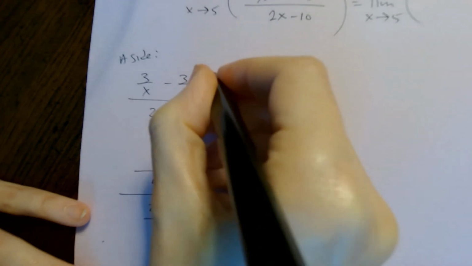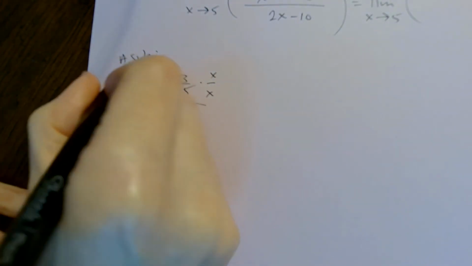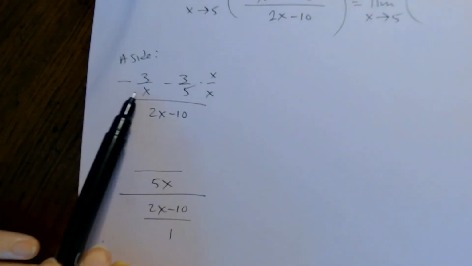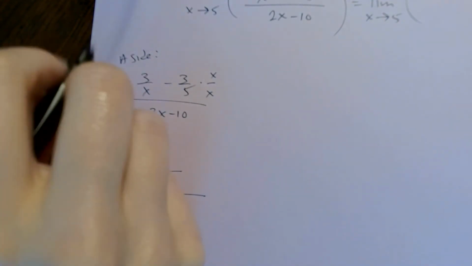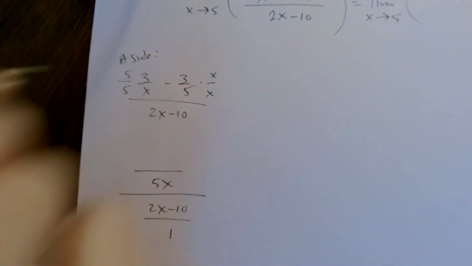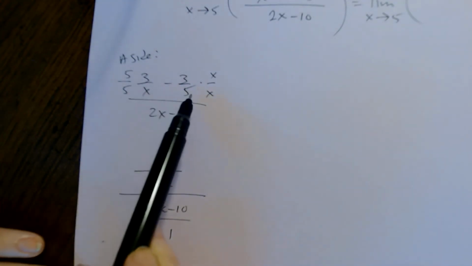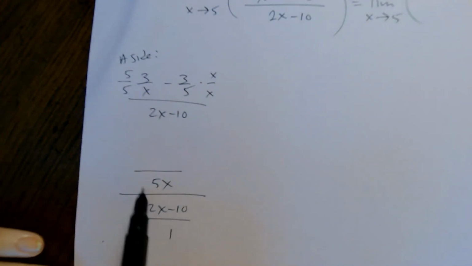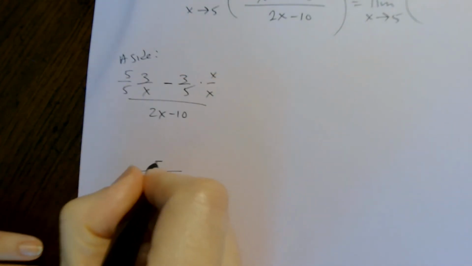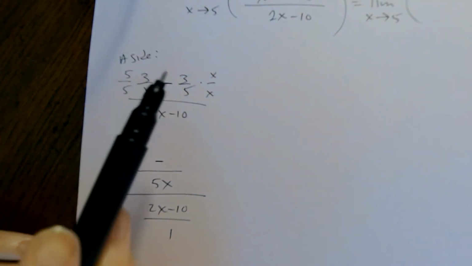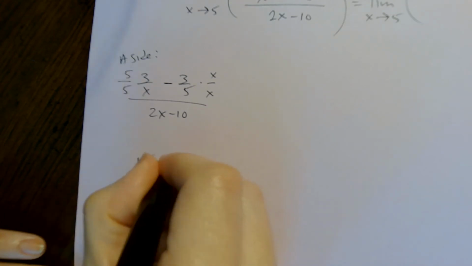I'm missing an x. What factor am I missing for this denominator to be 5x? I'm missing a factor of 5. Now both of my denominators are going to be 5x. So I already brought that down, and then this minus sign, I'll just bring down here. 5 times 3 is 15.